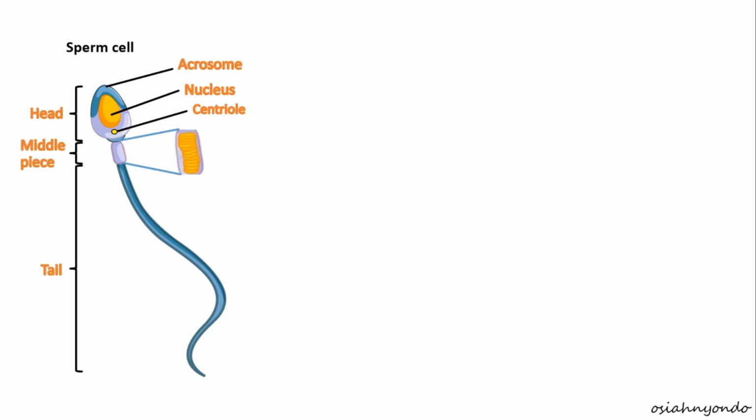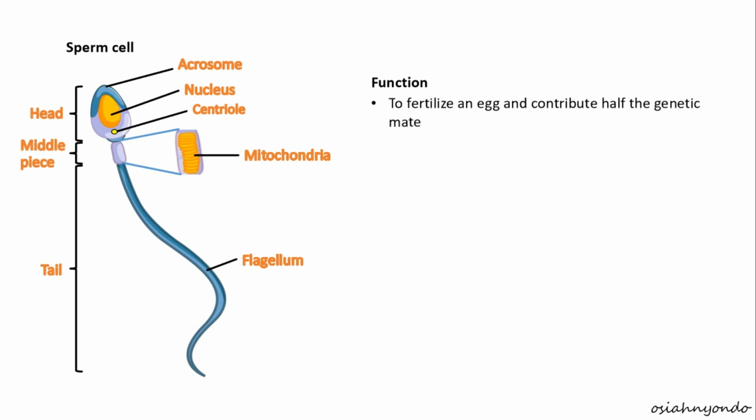The midsection is made up of mitochondria, and the tail region has the flagellum. Let's look at the function. Its main function is to fertilize an egg and contribute half of its genetic material to form an embryo.